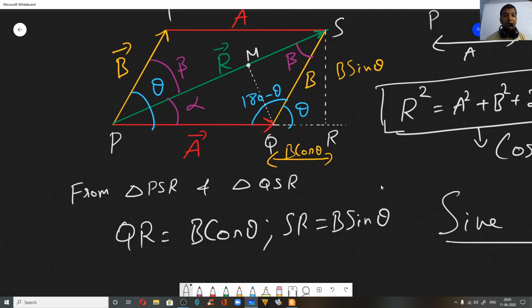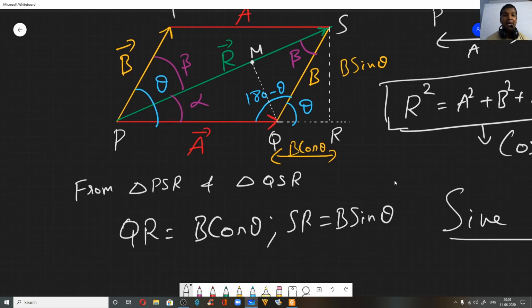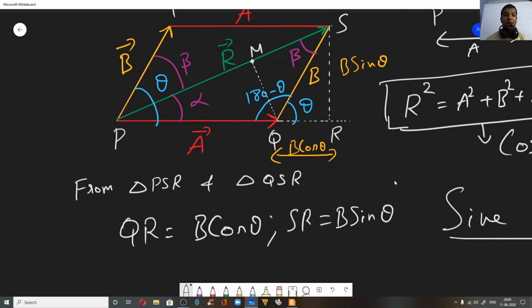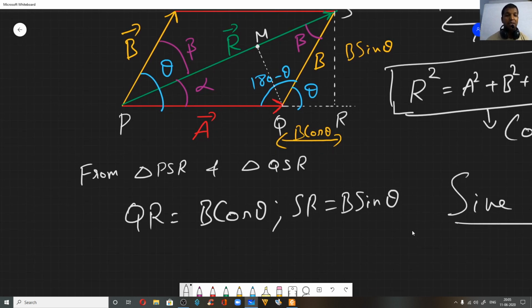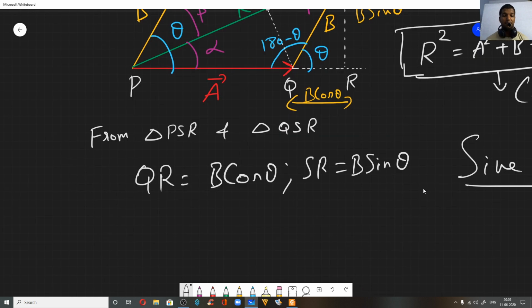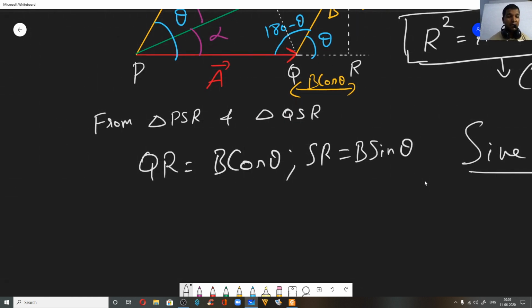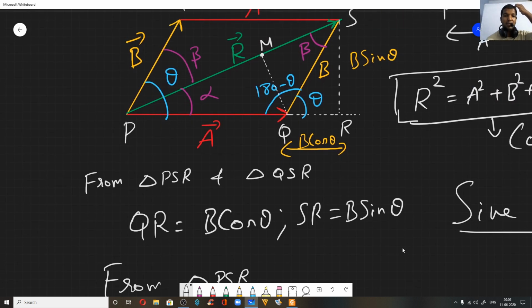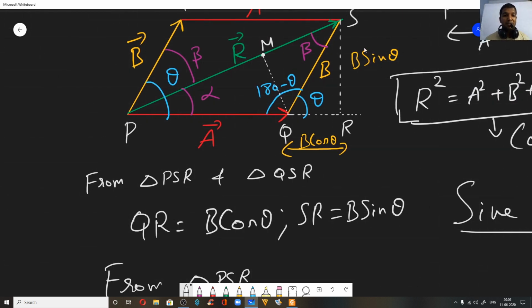Now SR you can also write it differently. Consider triangle PSR, the bigger one. From triangle PSR, you have PS to be R, SR is B sin theta, and PR is A plus B cos theta.